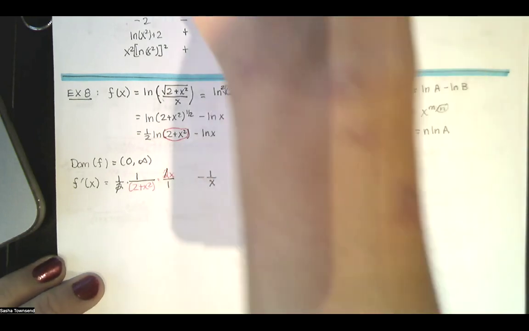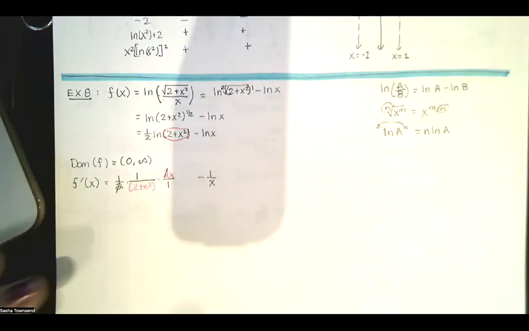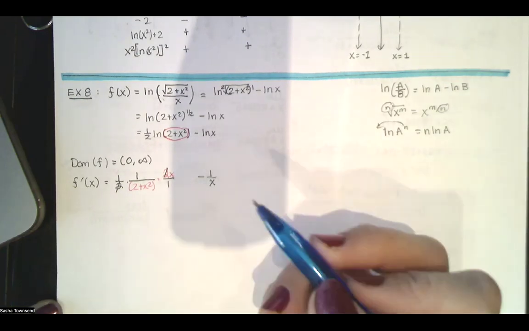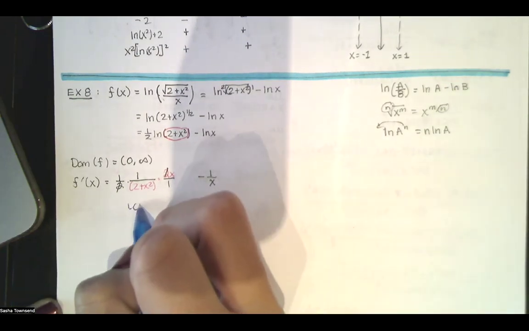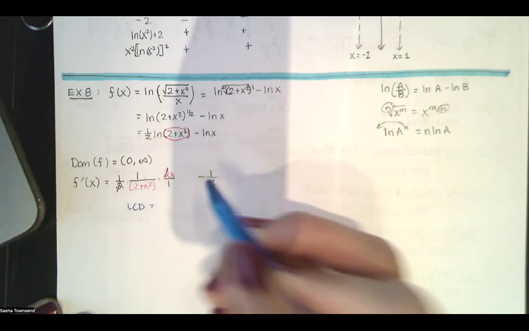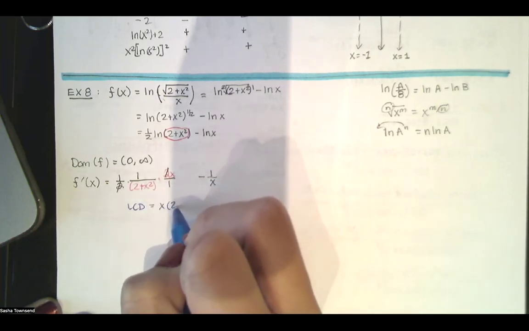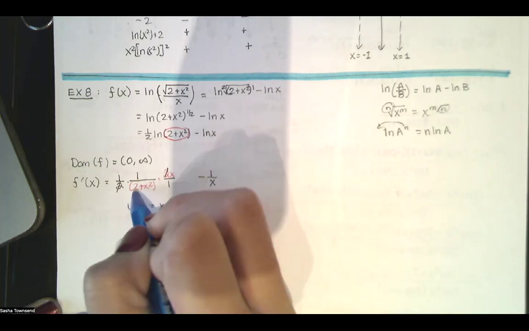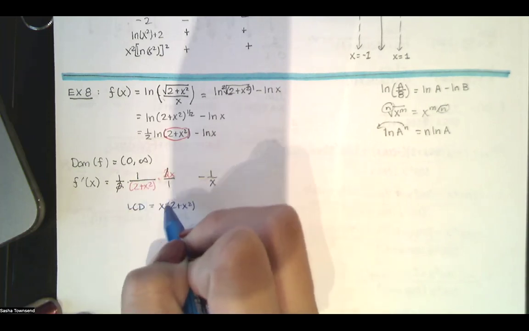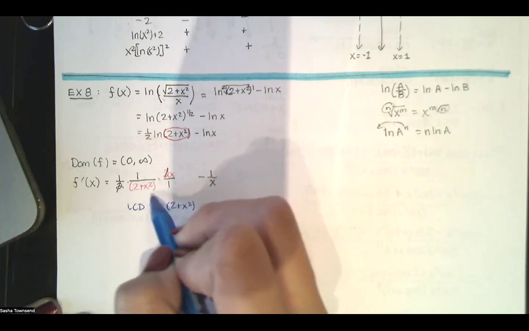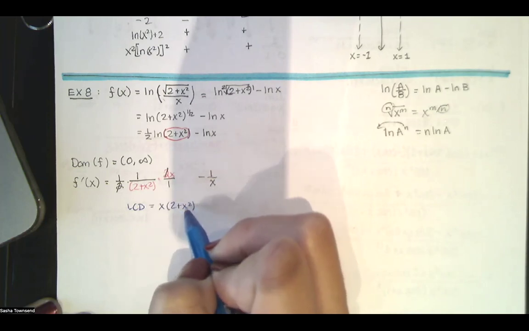Now, usually to simplify our calculations, when we set f prime equal to 0 and solve for x to find those critical points, we get a common denominator. The least common denominator, when the two denominators don't have anything in common, is just the product of those denominators. So this denominator is missing a factor of x if I want to have a least common denominator of x times 2 plus x squared.